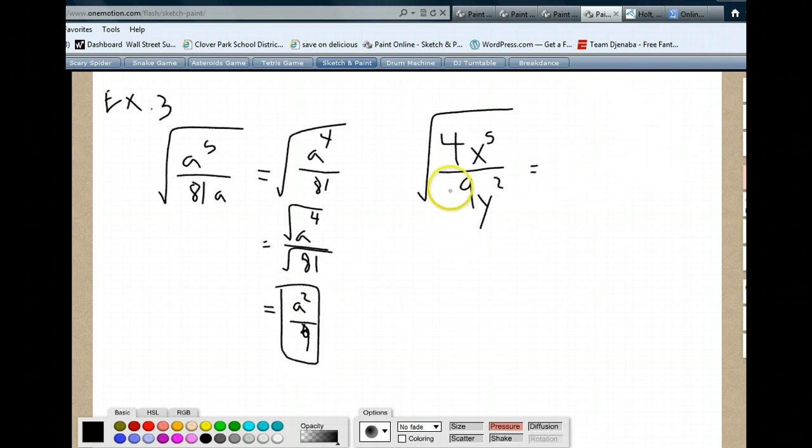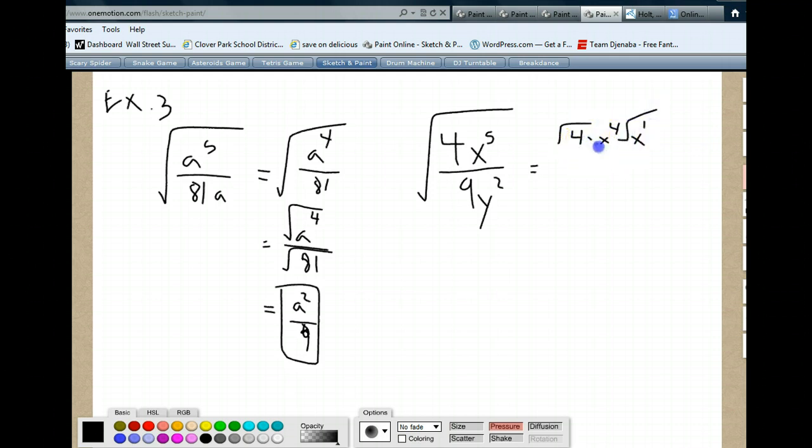And then over here, I can't reduce the fraction, so I go to giving everybody a radical symbol. So square root 4, square root x to the 5th, and I'm going to do 2 steps in one here, because again I do not want odd exponents.